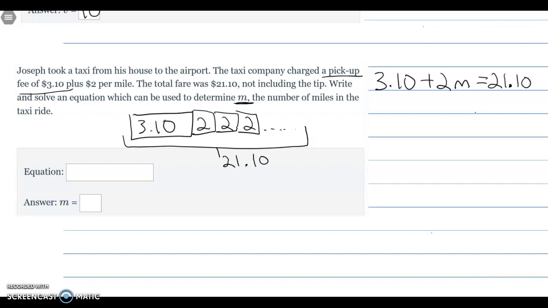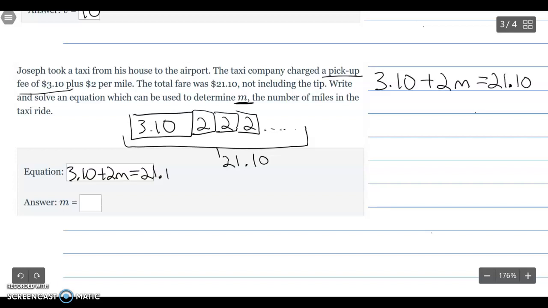All right, now we just solve the equation. Let me go ahead and write the equation over here first this time. So I've got 3.10 plus 2m is equal to 21.10. Okay, and then we'll go ahead and solve the equation. All right, so I'm going to subtract 3.10 on both sides.